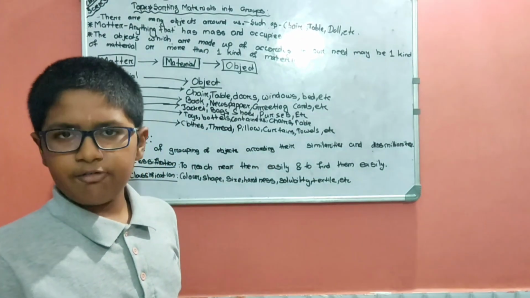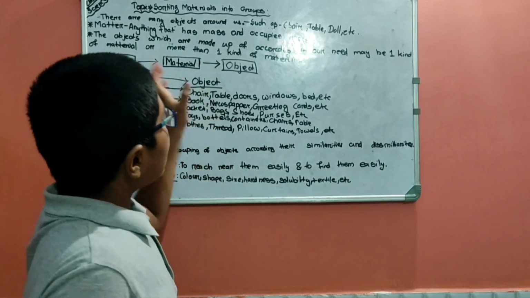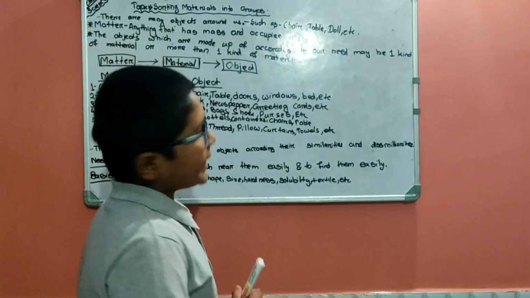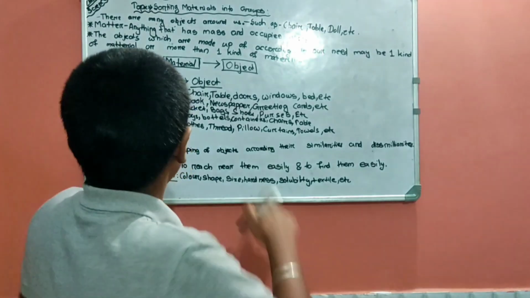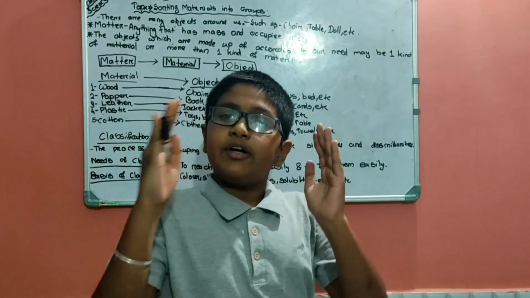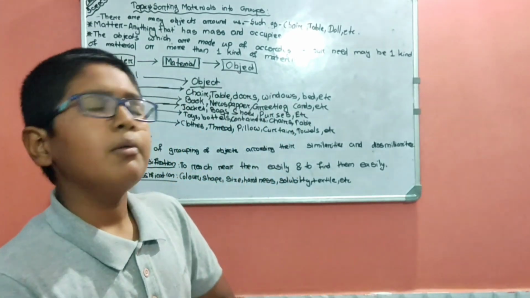So objects are made of one kind of material or more than one kind of material.